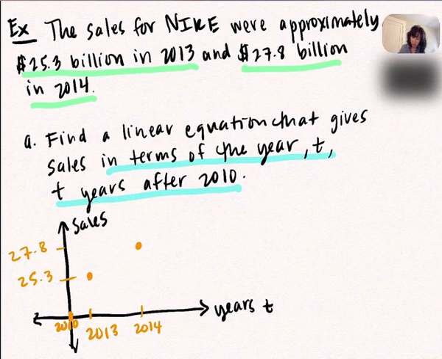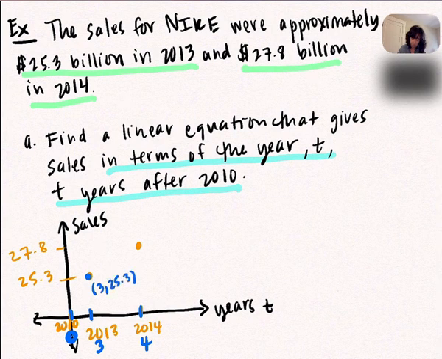I'm going to call the year 2010 0, the year 2013 3 because it's 3 years after 2010, and the year 2014 4. So instead of labeling on the t-axis 2010, 2013, 2014, I'm going to label them 0, 3, and 4. And that means I'll label this point here as 3, 25.3, and the second point here as 4, 27.8.